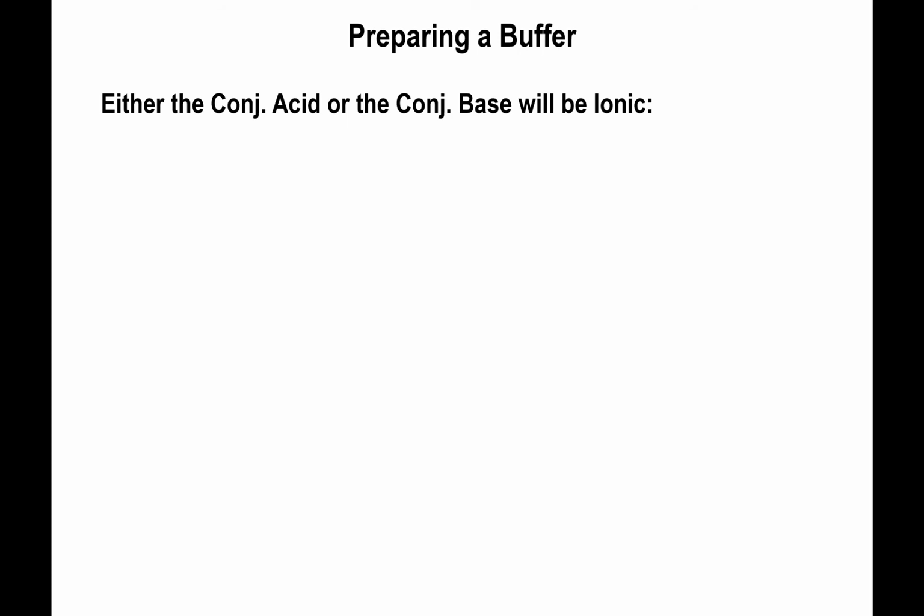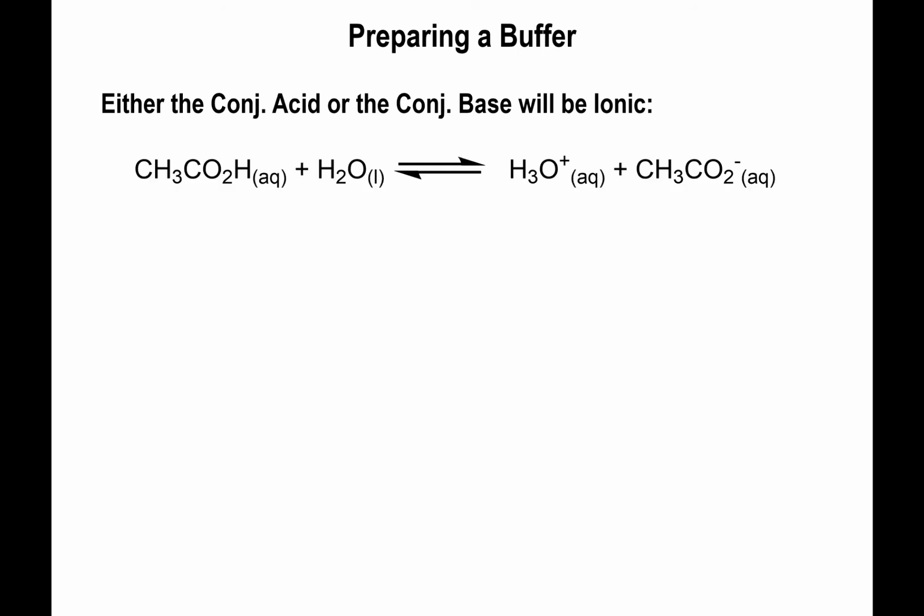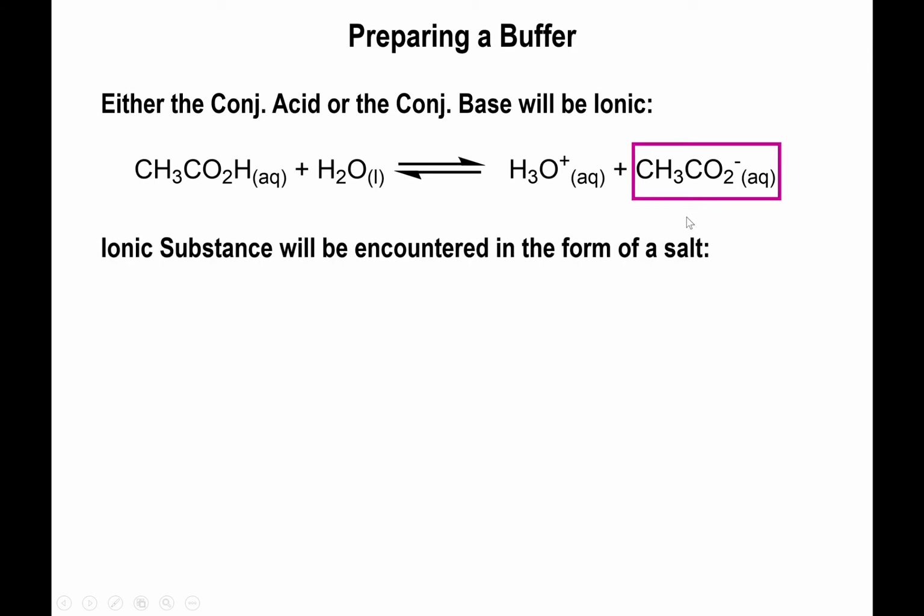The idea is that the conjugate acid or the conjugate base are potentially going to be ionic, right? In this case, the conjugate acid is neutral, but the conjugate base is definitely ionic. What you want to keep in mind is that anything that's ionic has to have a counter ion to balance its charge.